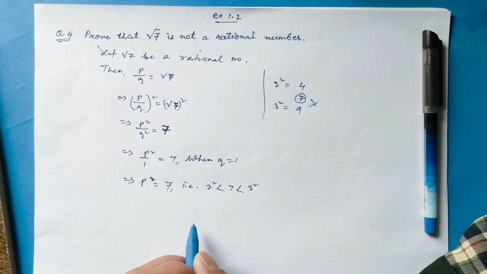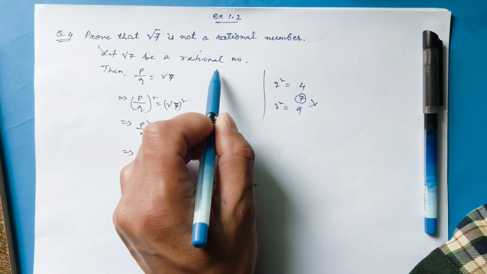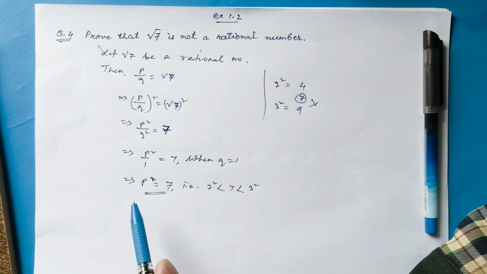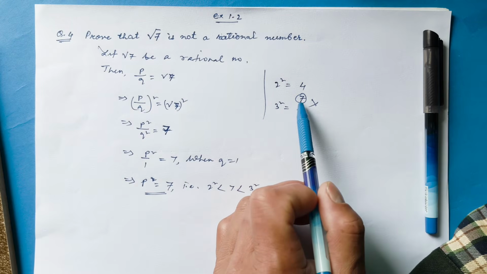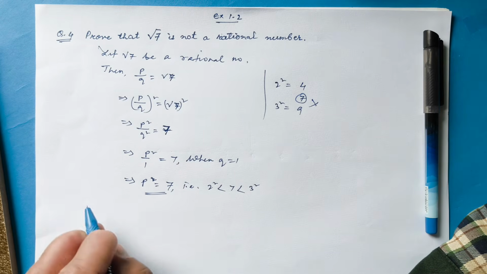So first we take here root 7 is rational, but at the last p square equal to 7 means there is no rational number whose square is 7. So this contradiction is due to our assumption.